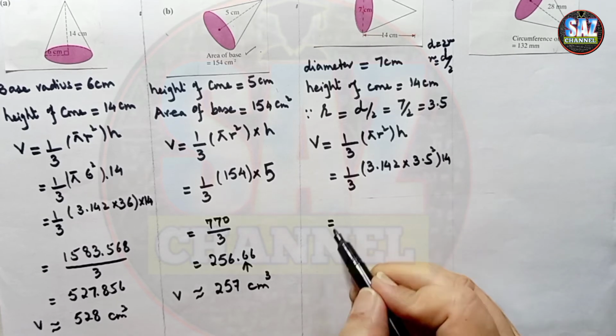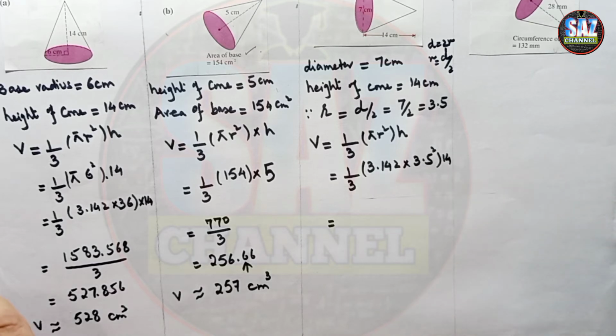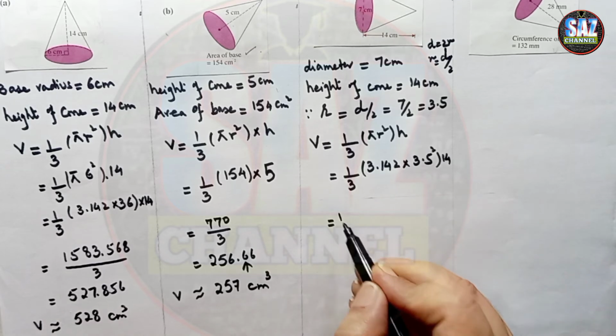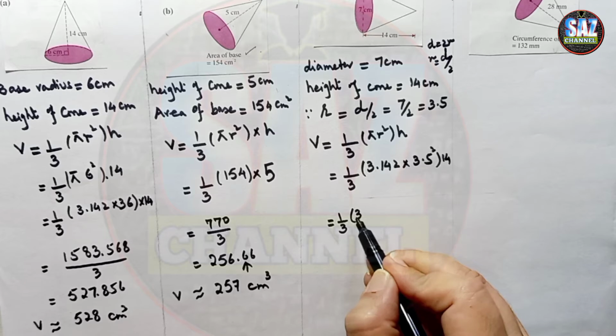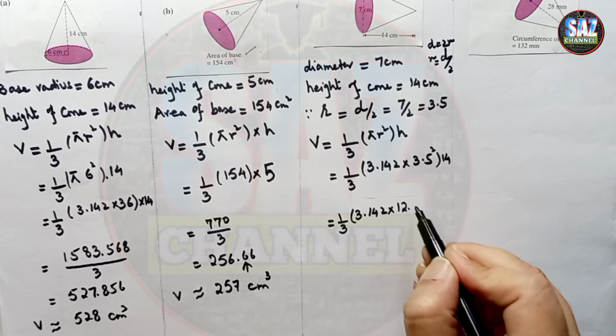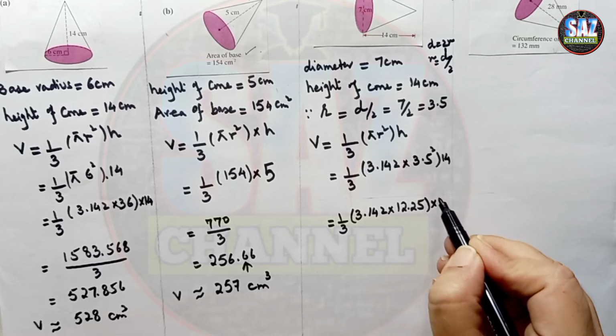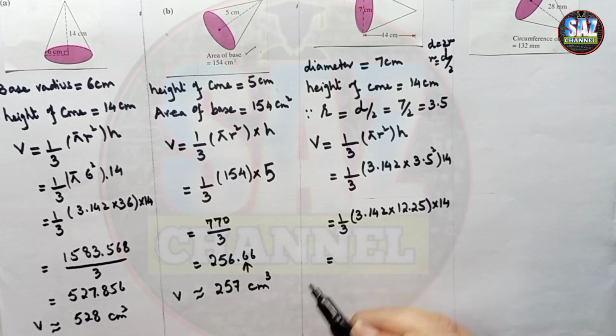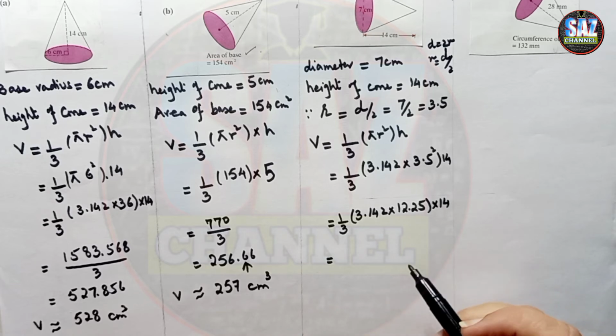Now I have to first take the square of 3.5, which gives me 12.25. 1 by 3 into 3.142 multiplied by 12.25 multiplied by 14. Now you have to use the calculator efficiently, and please multiply 3.142 by 12.25 and then by 14, and the product comes 538.